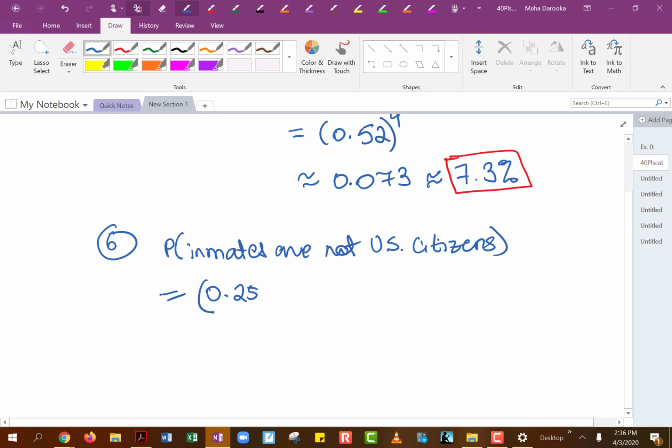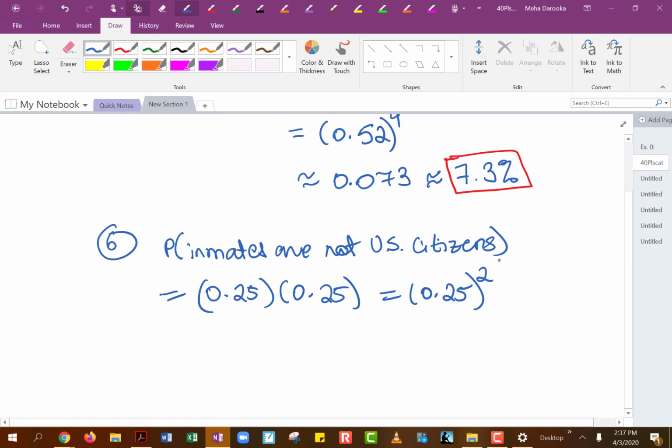Just like you saw in the previous example, since we're choosing 2 inmates randomly, they are not going to be connected to each other, or basically they're not going to be dependent. So you can write this as 0.25 to the second power.